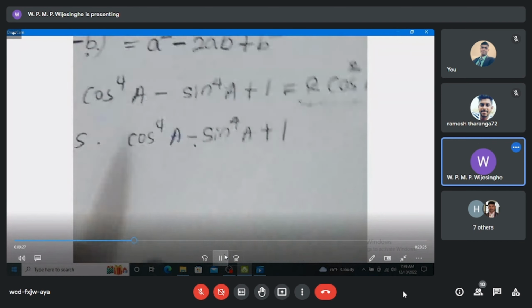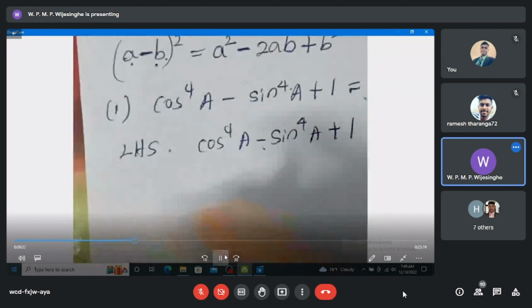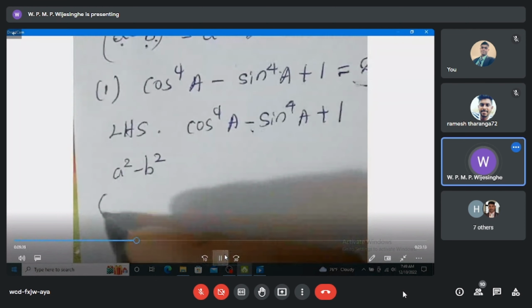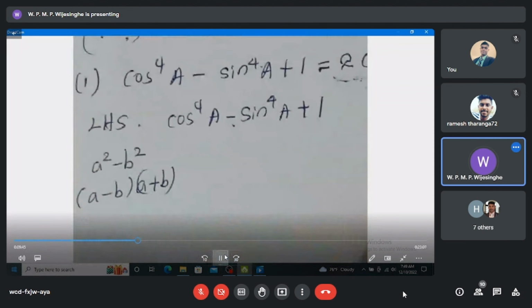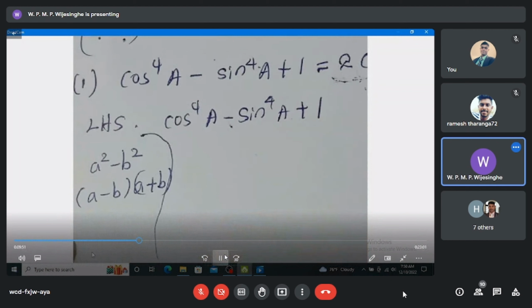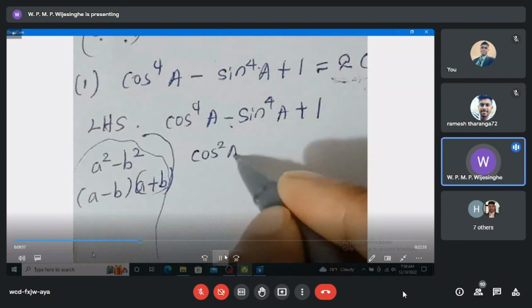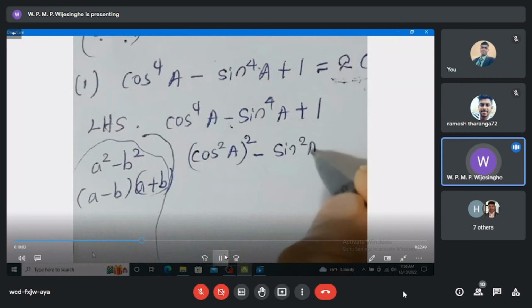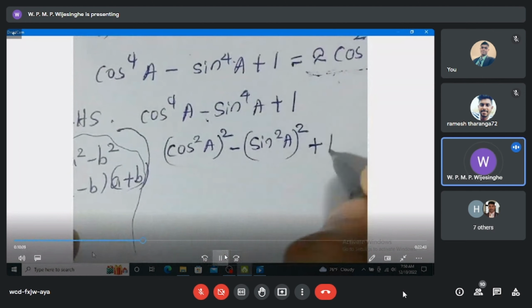Then actually I think you know if a square minus b square, we can write here a minus b and a plus b, right? I'm going to use this here. I can write here cos square A squared minus sin square A squared plus 1.